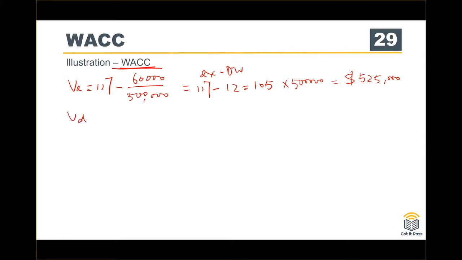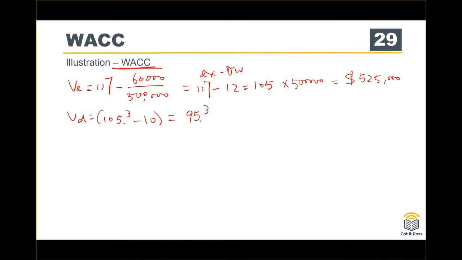Next part is VD, the value of debt. Here the current price is 105.3, and it is before the interest paid. So you have to deduct the interest of $10, so the current price is 93.5.